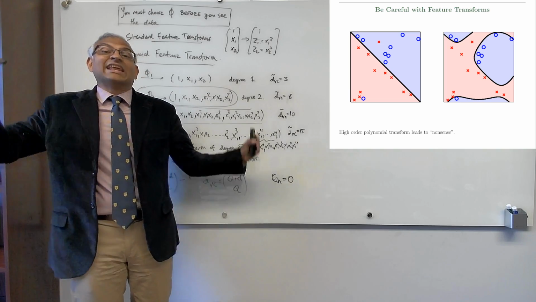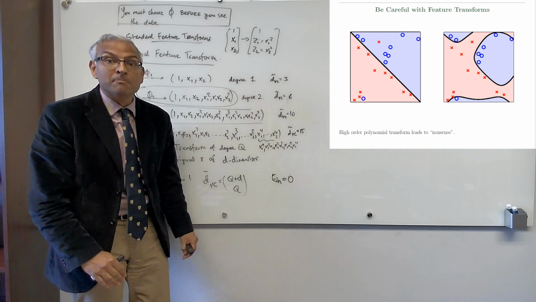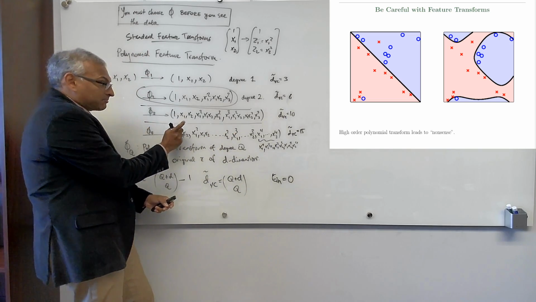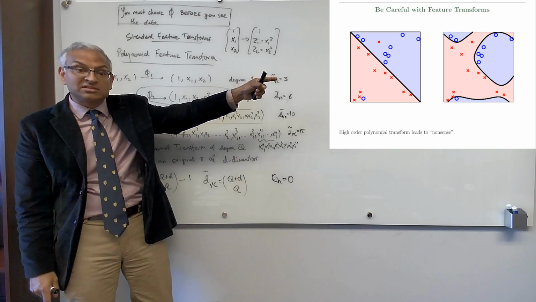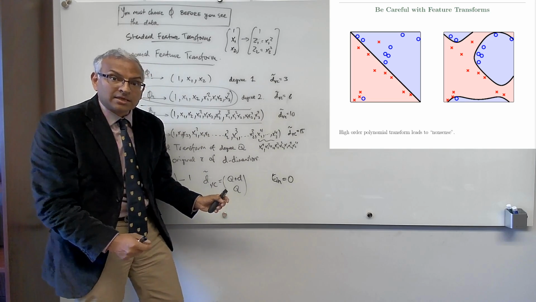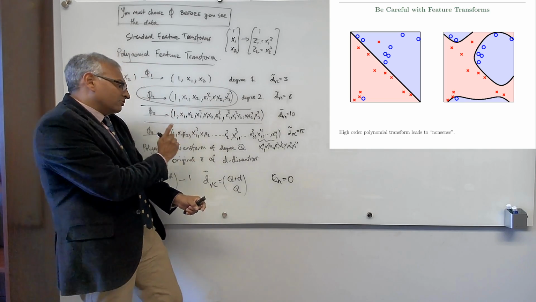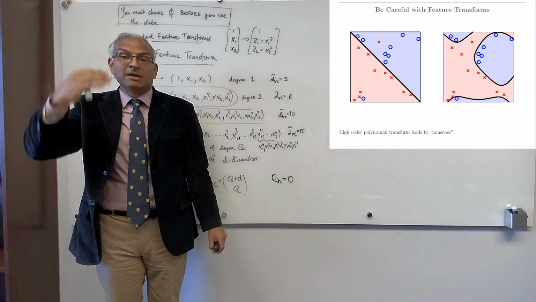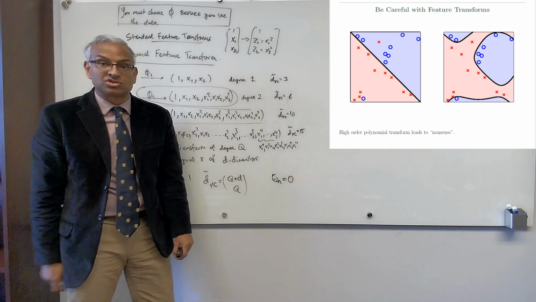It's like an 18-wheeler. It's a huge monster. And with that monster comes a lot of momentum. And that momentum is very hard to stop. As you can see, it's just going to go ahead and eat up all the data and fit it all perfectly. And you need to be very careful before you decide to go to the high order polynomial transform.